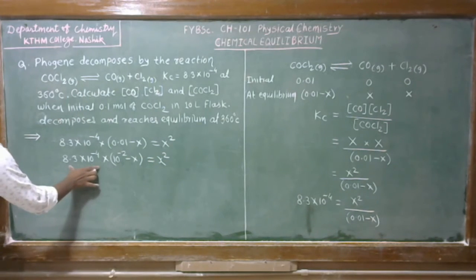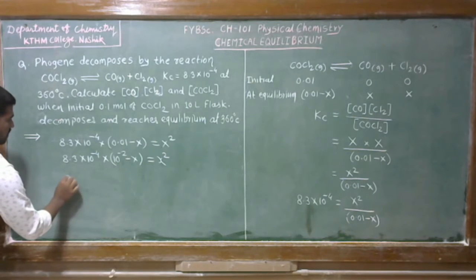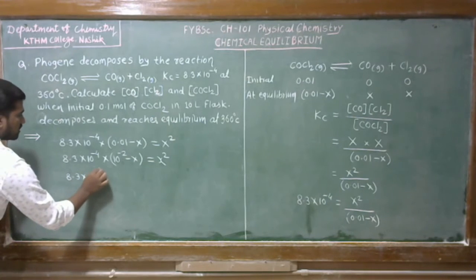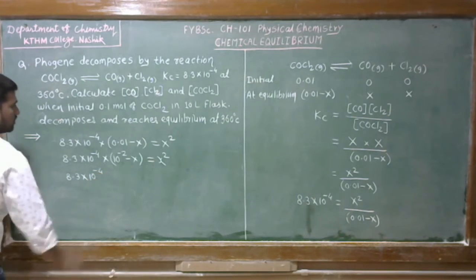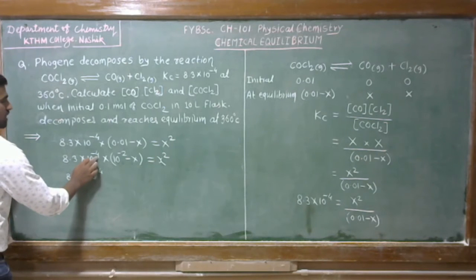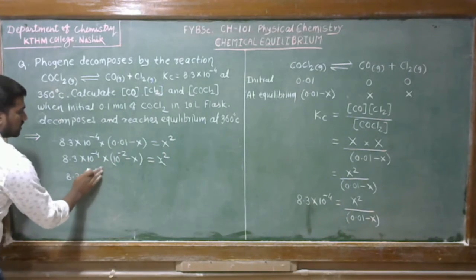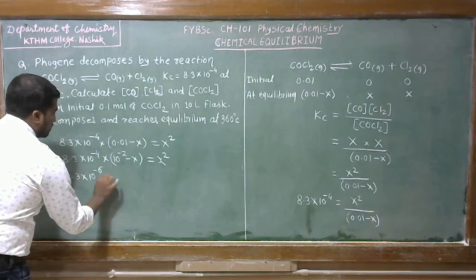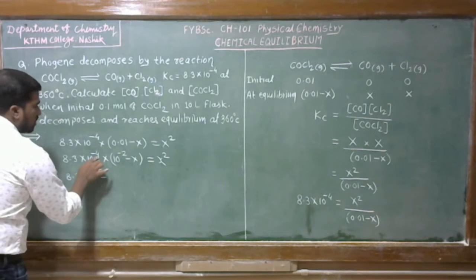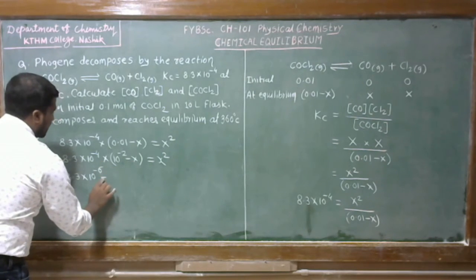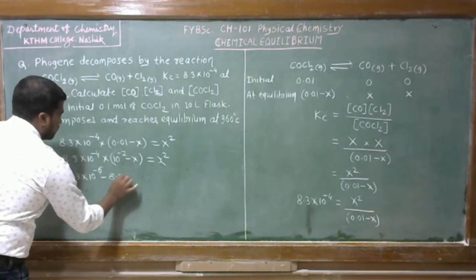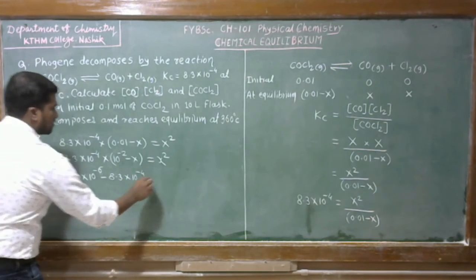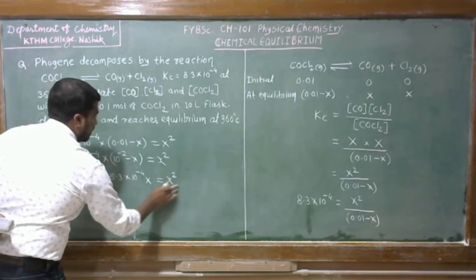Now solving this, 8.3 into 10 raised to power minus 4 into 10 raised to power minus 1 is equal to 8.3 into 10 raised to power minus 5, then minus 8.3 into 10 raised to power minus 4 into X is equal to X square.